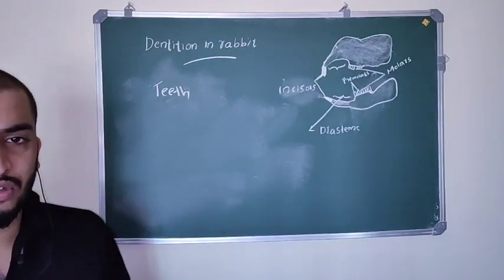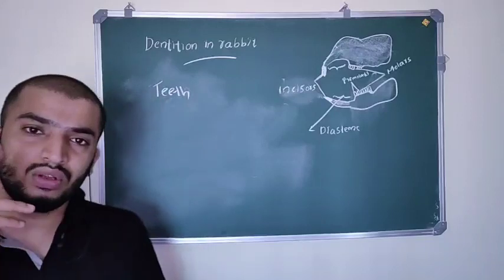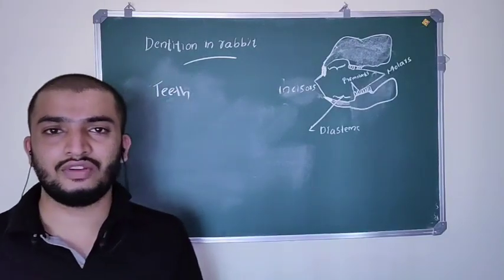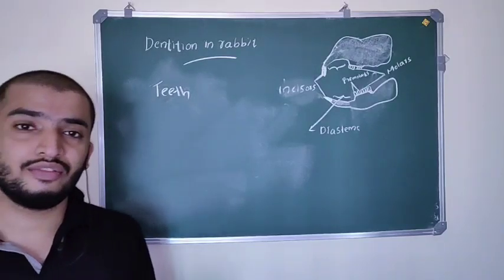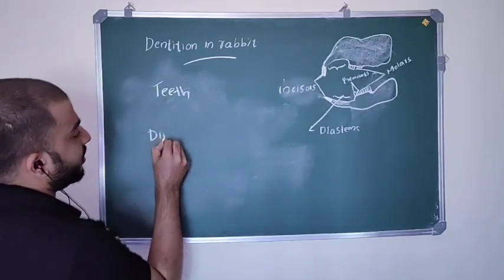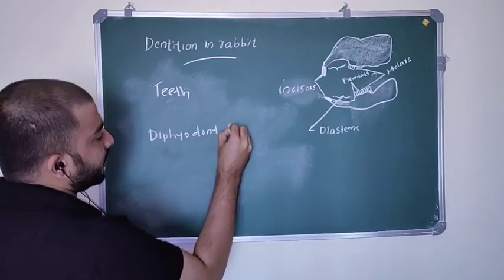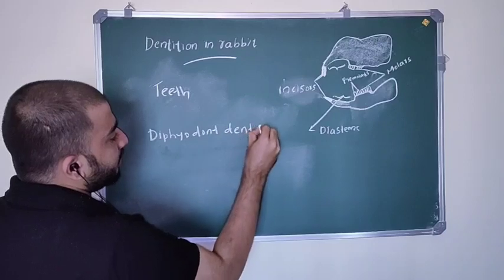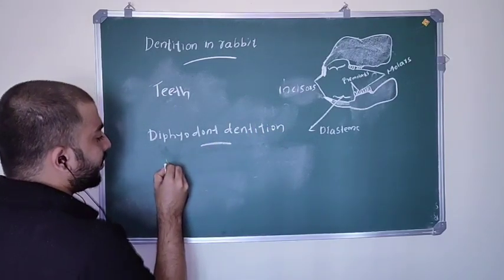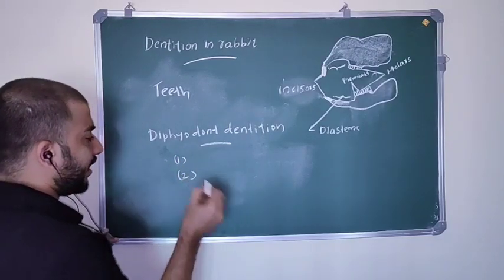First of all, if an animal has two sets of teeth in its life cycle, that condition is called diphyodont dentition. What is meant by diphyodont dentition? Diphyodont dentition means an animal has two sets of teeth in its life.